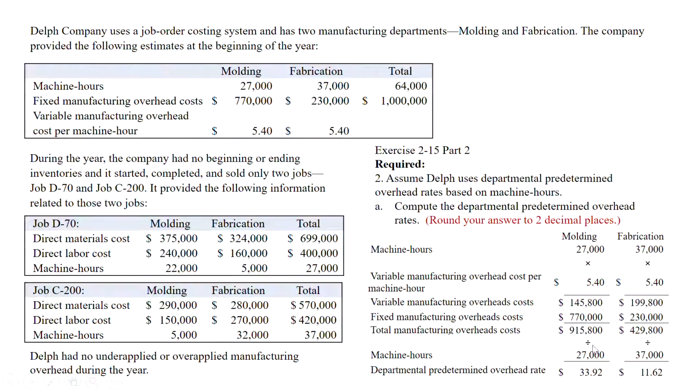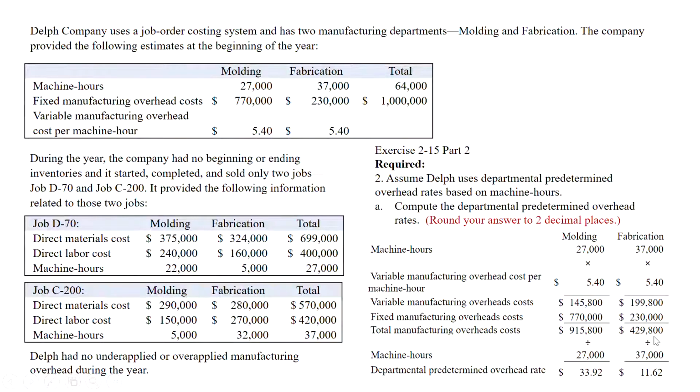Then we'll individually divide that by the estimated hours. Molding: 915,800 estimated cost divided by 27,000 estimated machine hours gives us a predetermined overhead rate for molding of $33.92.